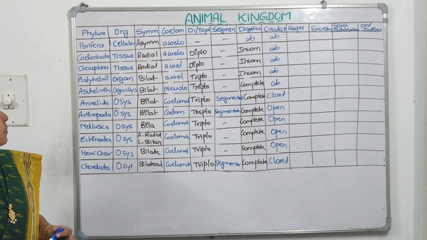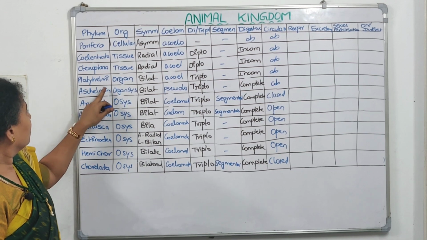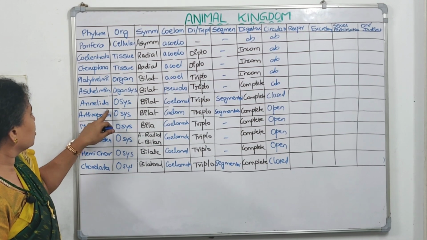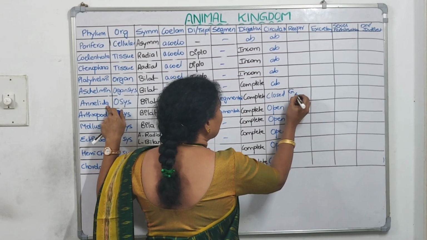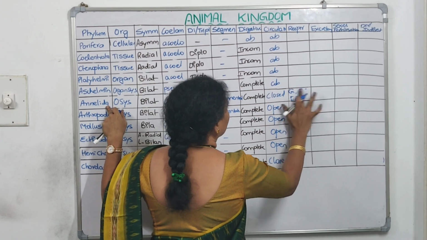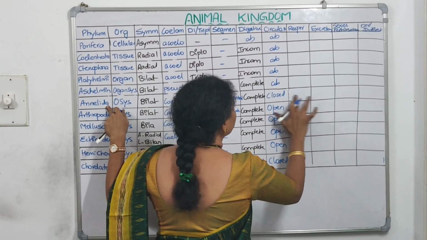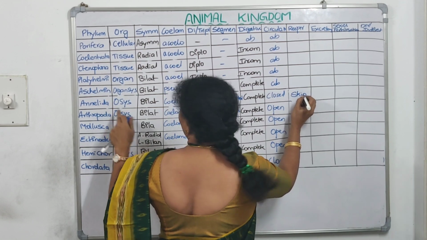Coming to respiration. In Platyhelminthes, respiration started from Annelida. Sorry, here the respiration is by skin itself, right? What I wrote is for arthropods.